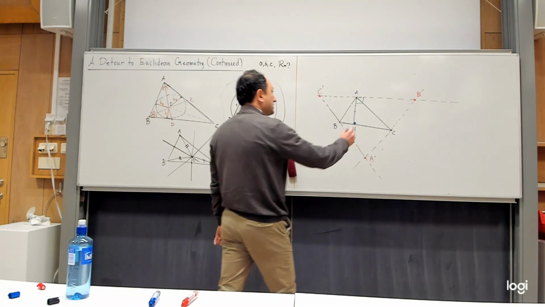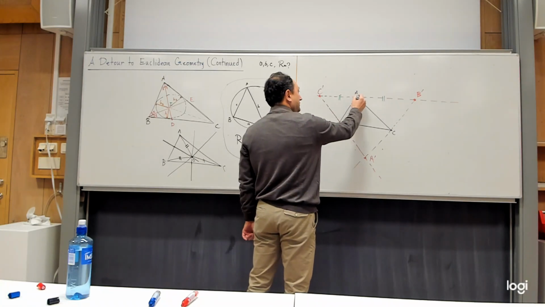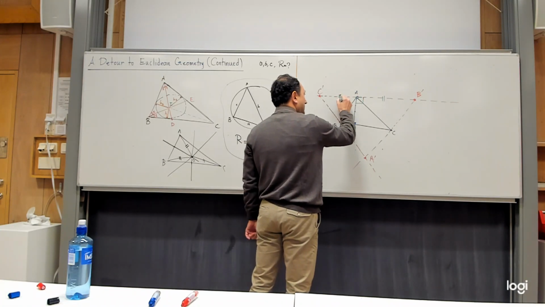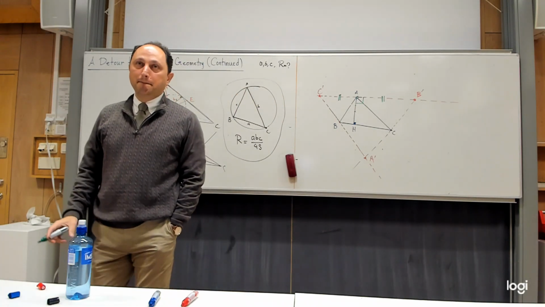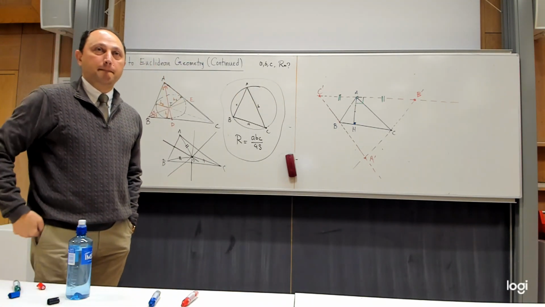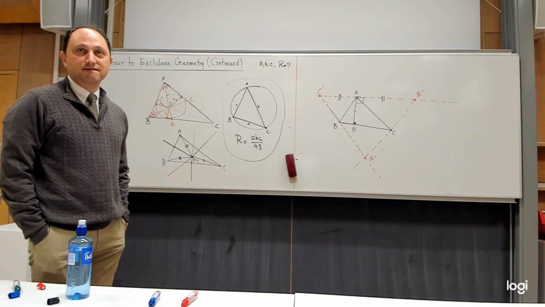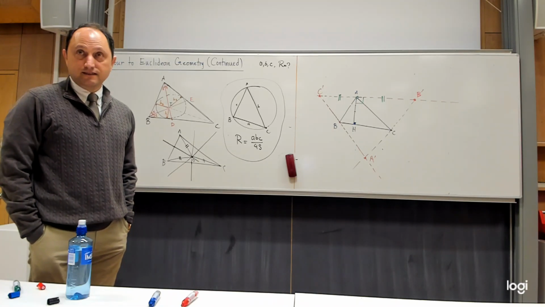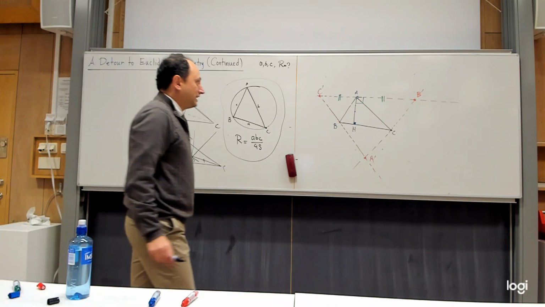Yes? Because this one is equal to this one, even though my picture is very bad, you cannot see it. This one is equal to this one. Can you say why? Okay, let me ask you one thing.